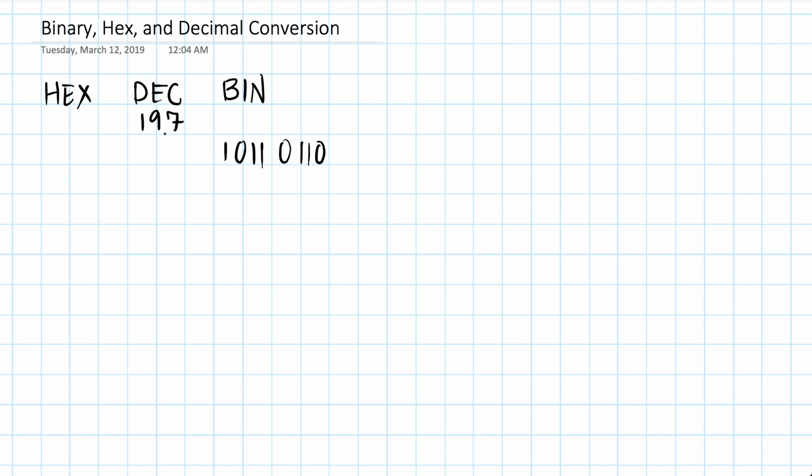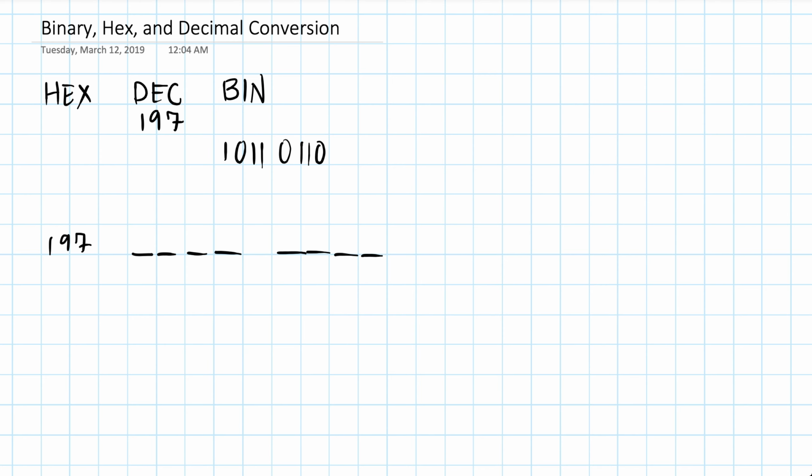Okay, so let's start out with converting 197 to binary. I think it's easiest to convert a decimal number to binary and then binary to hexadecimal. That's just my preference. So let's start out with 197 down here, and then let's set out 8 little slots for our binary number.